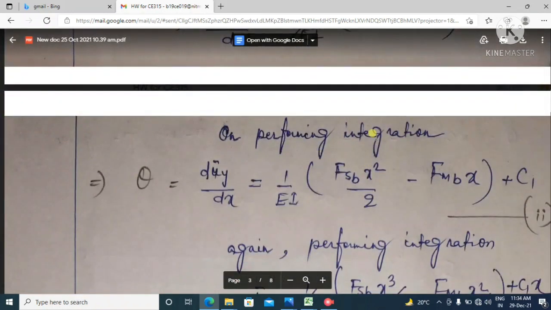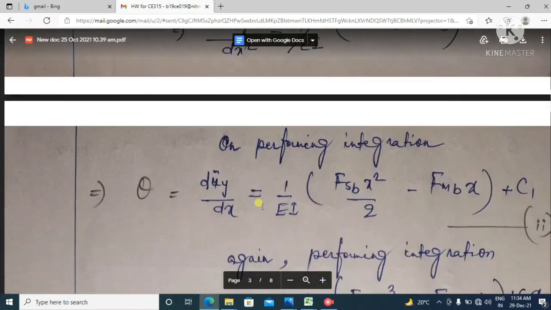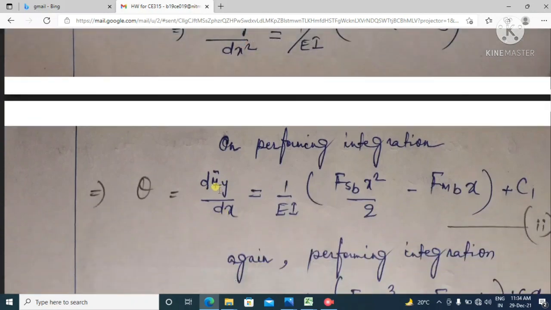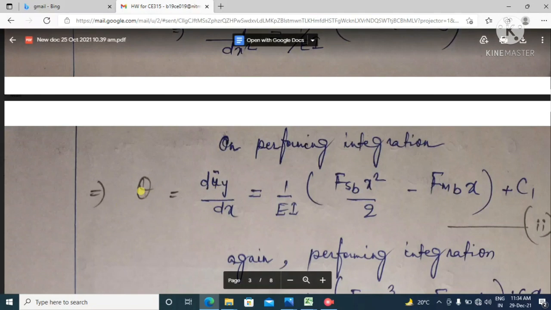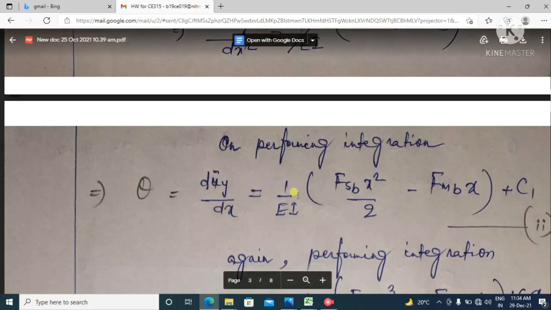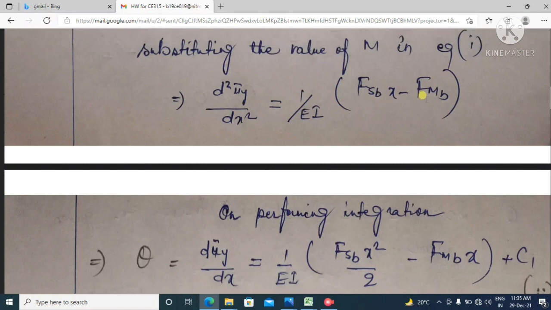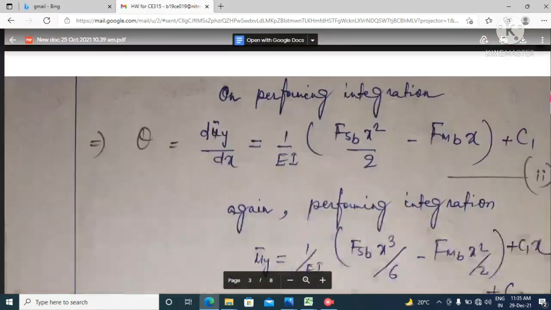On performing integration, we will have dUy by dx, that is nothing but the slope only. We can write theta is equal to dUy by dx. So 1 over EI is constant, so we can integrate: FSB x square by 2 minus FMB x, and one constant term will come. I have named it C1, the integration constant. So theta is equal to this.